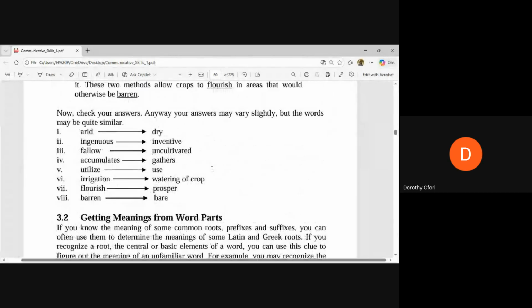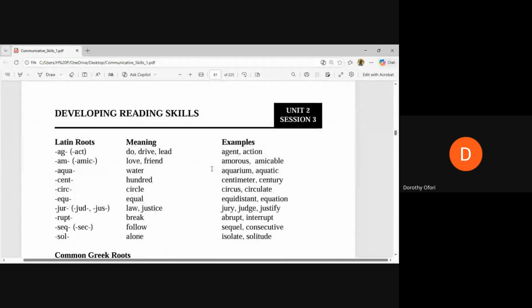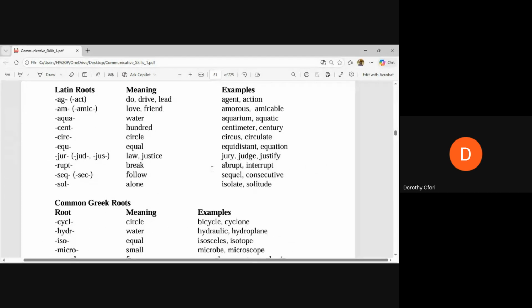Okay. So there are examples here where there are some words that are Latin, and they have their meaning. For example, age, that is the Latin root word, which means to act, and the meaning is to lead, to do, to drive. So when we say agent, you know this person is leading.